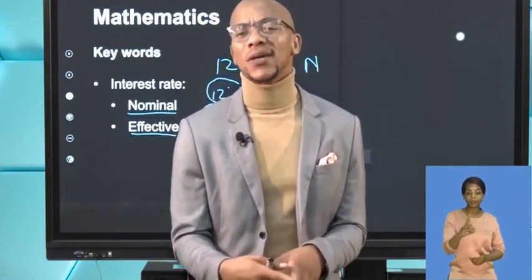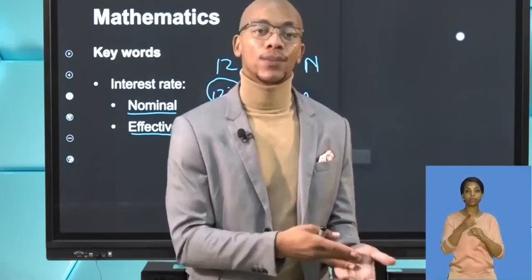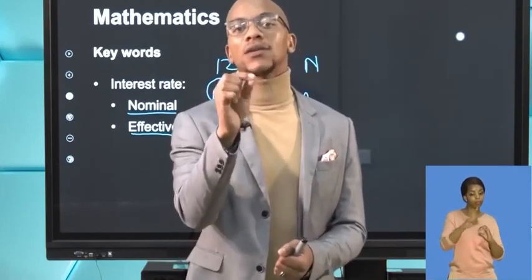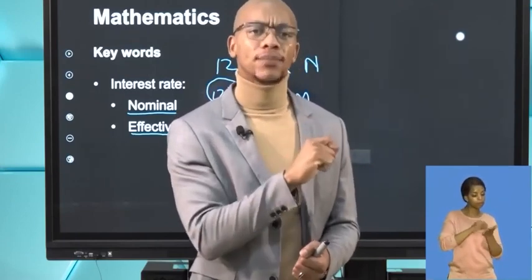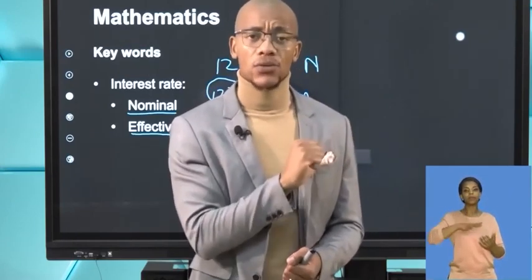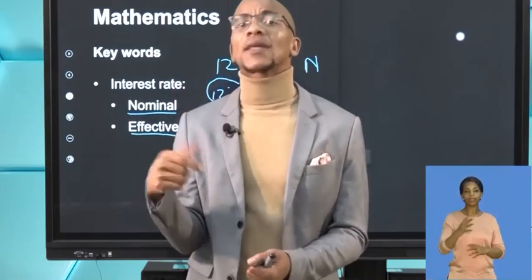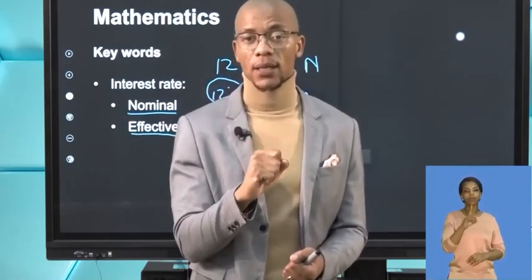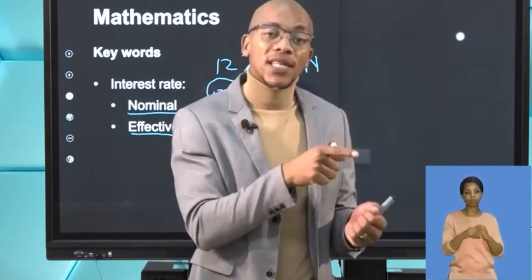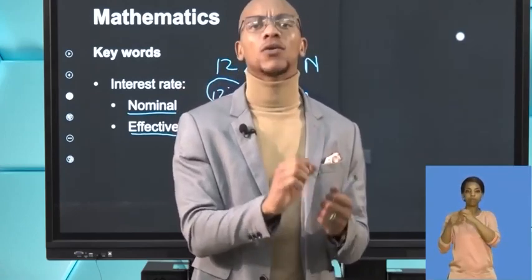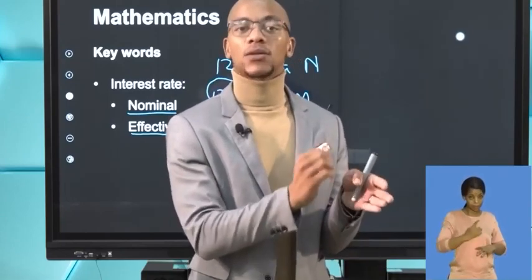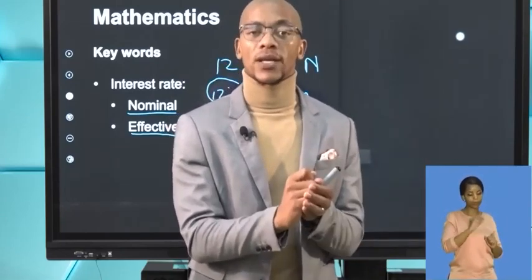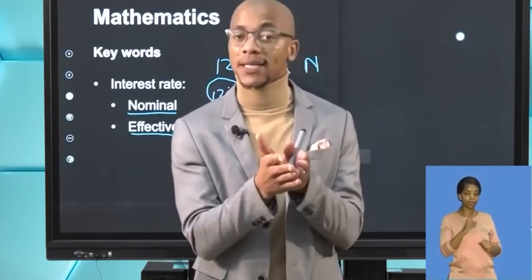Because simple interest, as we saw with the simple growth, is when you calculate for the original amount that you had in the bank. So if I say 10% of 100 rands, that's 10 rands, meaning every year I'm just adding 10 rands in your bank. But if it's compound interest, it's going to be 10% of what you have in the bank at that time. So for the first year, it will be 10% of 100 rand, which is 10 rands, so that's 100 rand plus 10 rand.